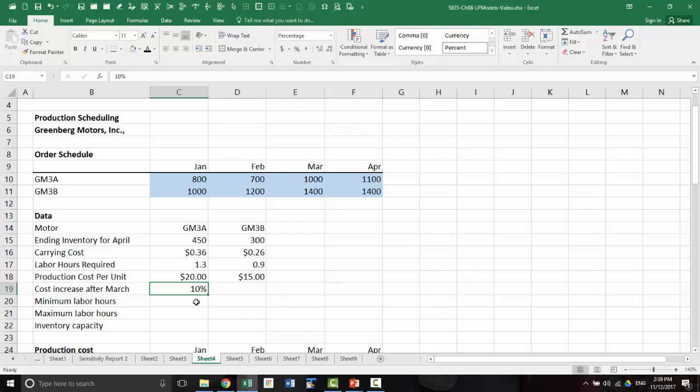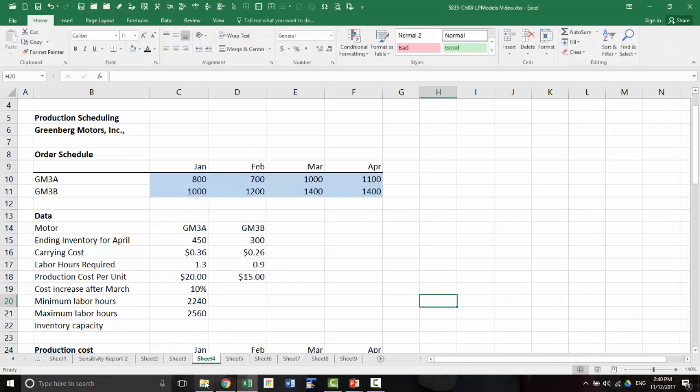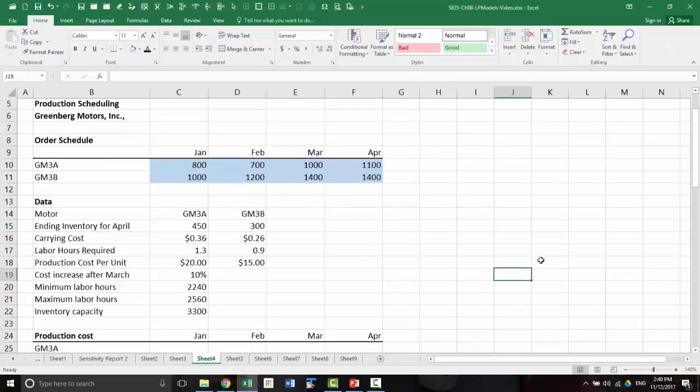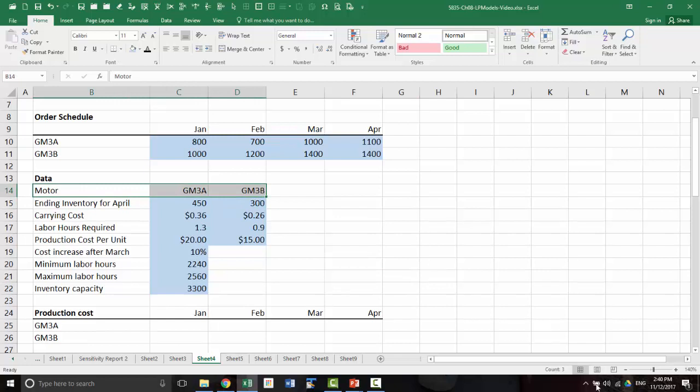Then the minimum and the maximum labor hours, so we want to stay within those limits of 2240 and 2560. And then inventory capacity is 3300, for both motors combined. Let's color code that and maybe put a border line like that. So that's our input. We have entered all the input. Next we have to set up the model.